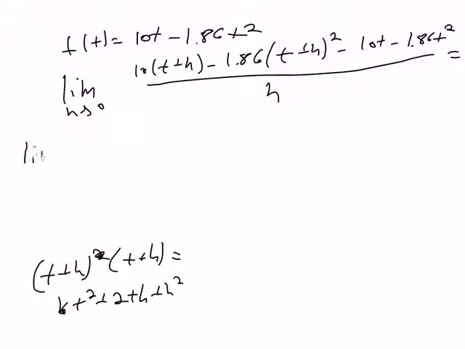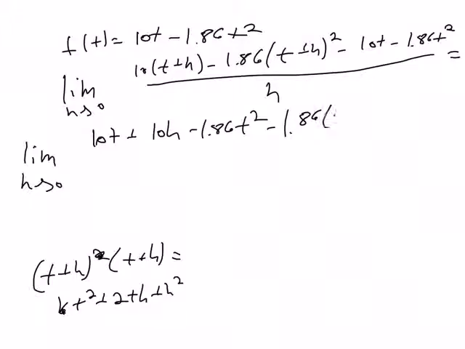So this over here is equal to the limit as h goes to 0 of 10t plus 10h minus 1.86 times t squared plus 1.86 times 2 times t times h plus 1.86 h squared, minus 10t plus 1.86 t squared.